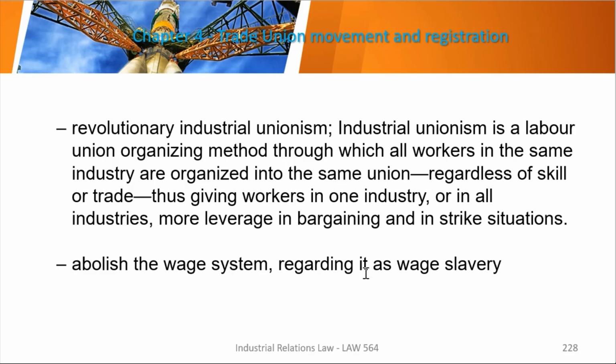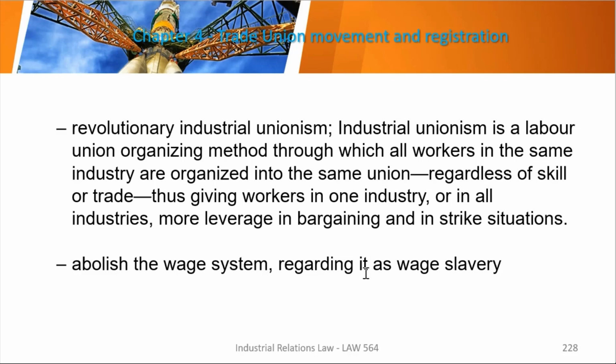Otherwise, if you have workers that work in another environment or another industry, formulating a group of workers, then the interest of the union is going to be conflicting. Industrial workers of another nature, say for example manufacturing and hospitality, are two different areas of industry.